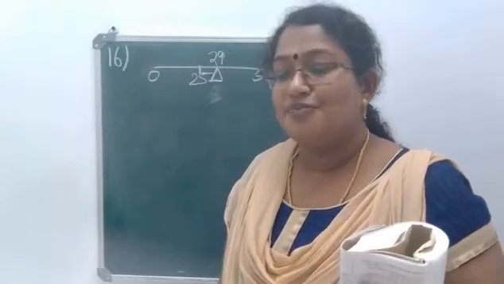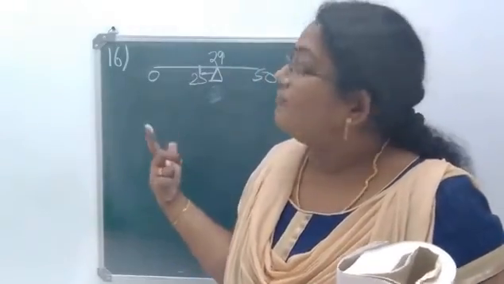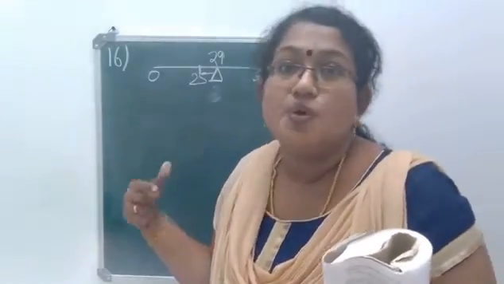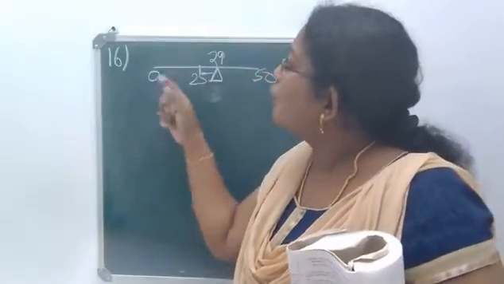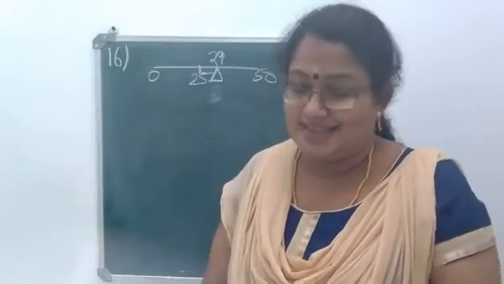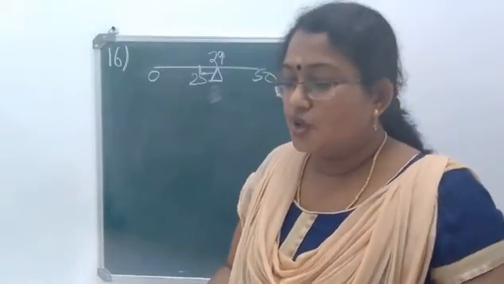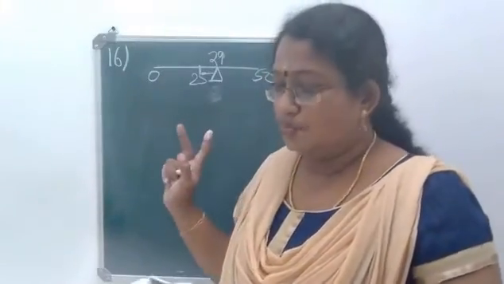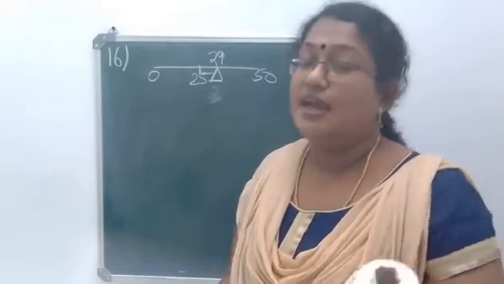Similar to the first question, we have a weight of 20 gram, and when it is hung on one side, the rule was balanced. So draw a diagram of the arrangement. Find the mass of the half meter rule.